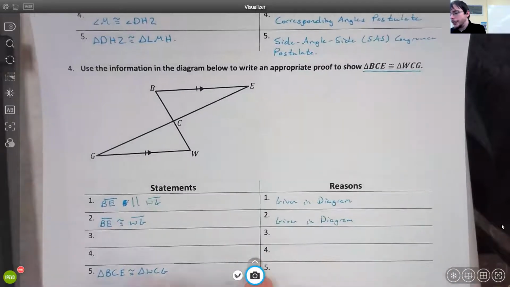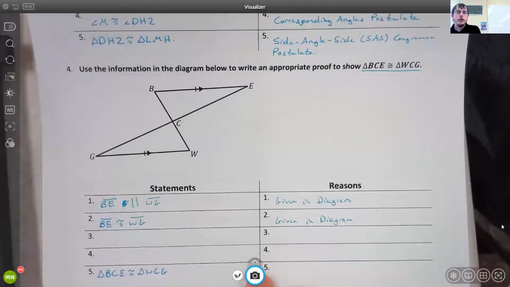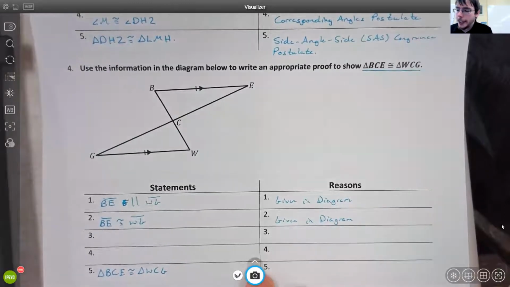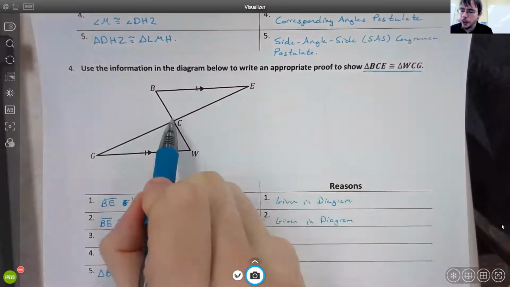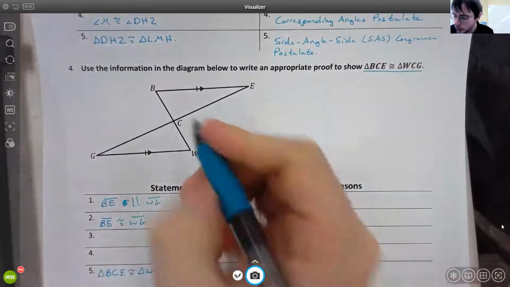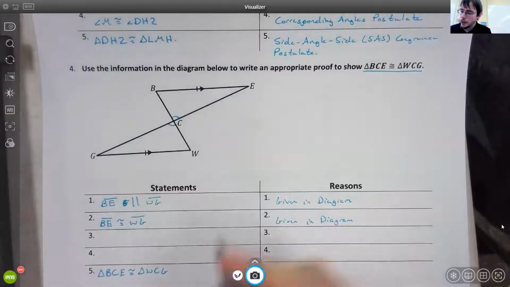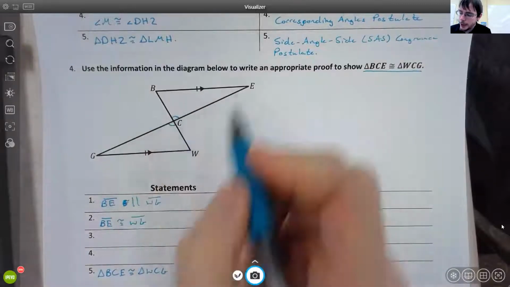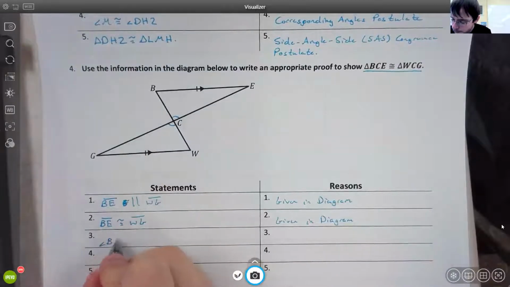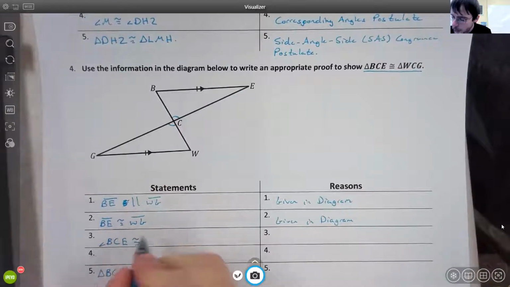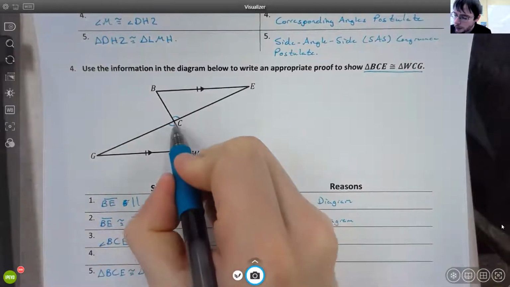Now the next thing we need to look for is any shared sides or vertical angles, and you should see here that these two angles are vertical angles. So that angle is angle BCE, being congruent to angle WCG.